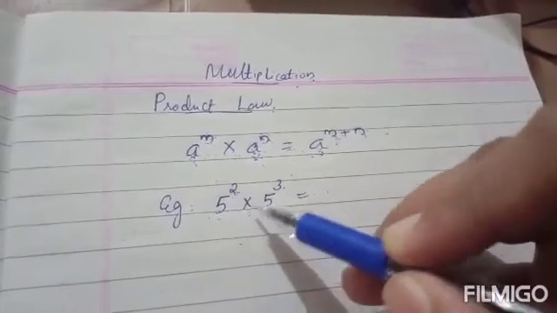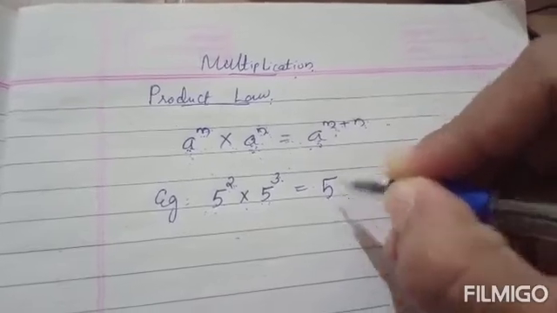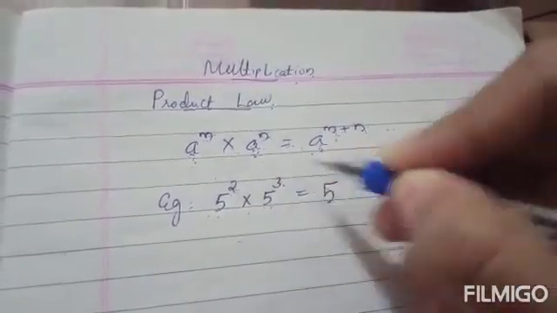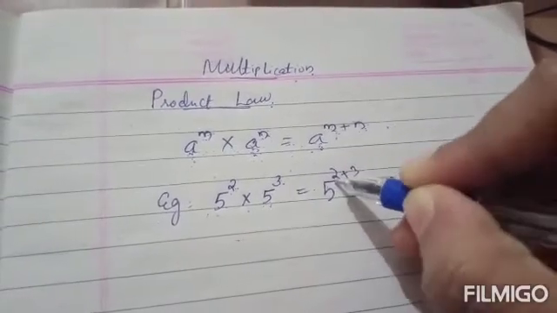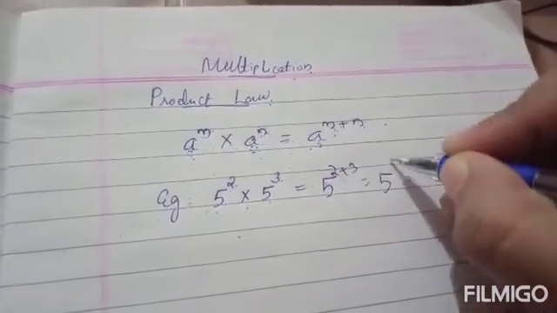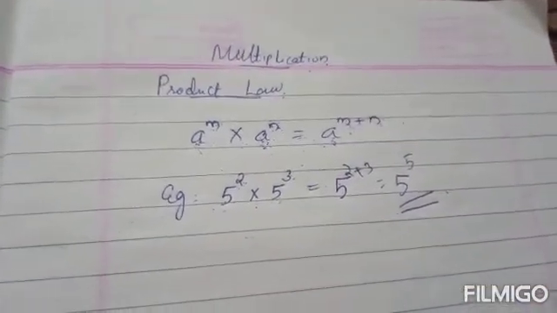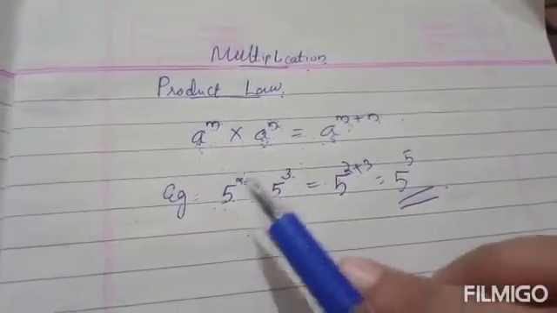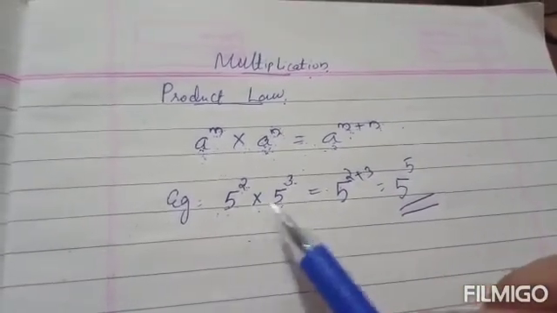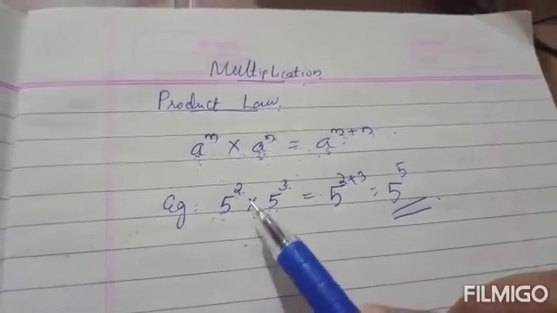So 5 raised to 2 into 5 raised to 3 will be, base the same, 5 raised to 2 plus 3, which is 5 raised to the power 5.